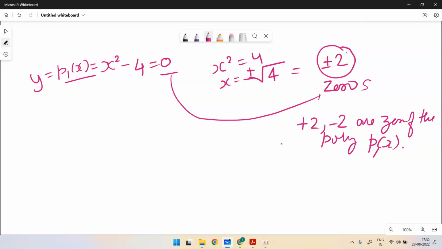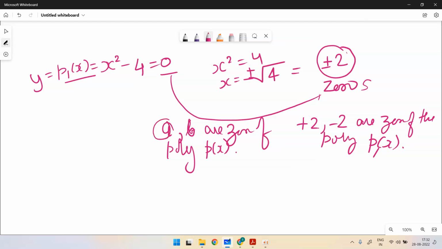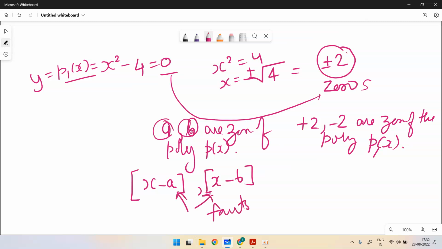Now, supposing a question is given: if a and b are zeros of polynomial px, then your mind should immediately strike that x minus a and x minus b are factors of polynomial px.